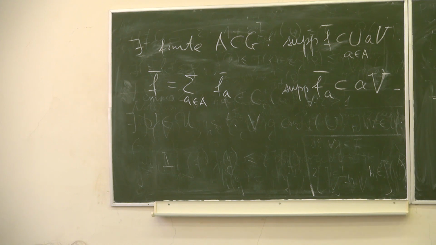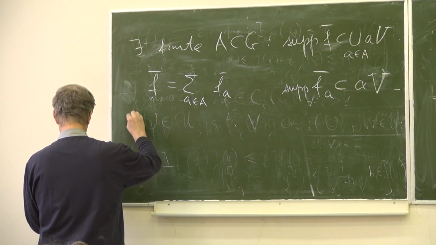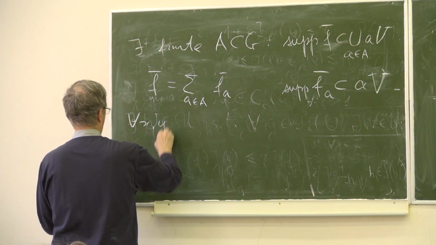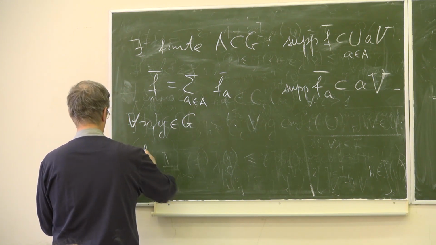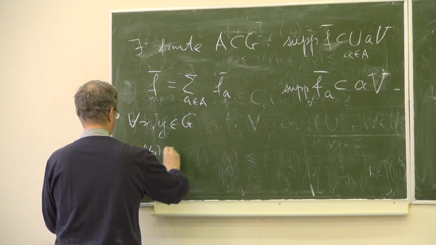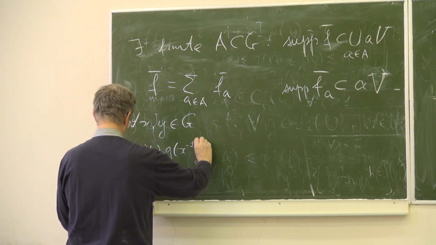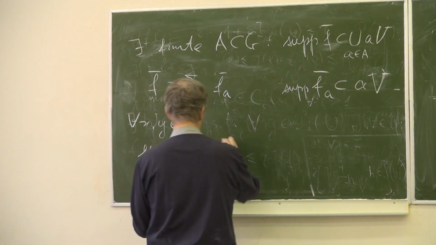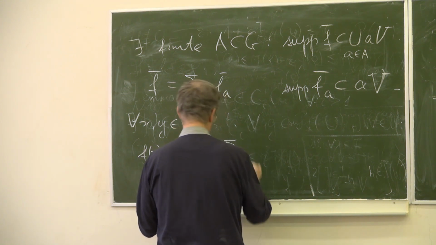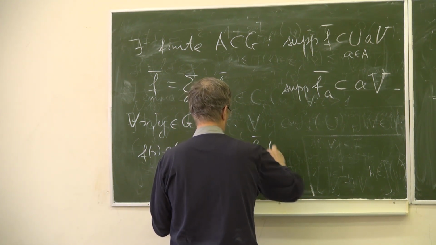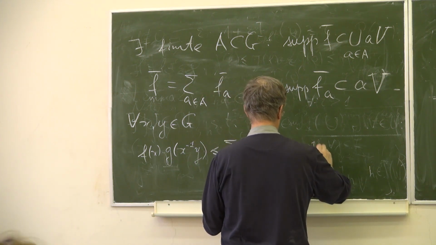Now I claim the following inequality for every x and y in G. If we multiply f of x times g of x to the power minus 1 y, then this is dominated by the sum over a in capital A of f bar a of y, g of x to the power minus 1 y.